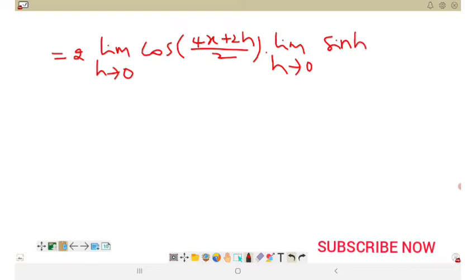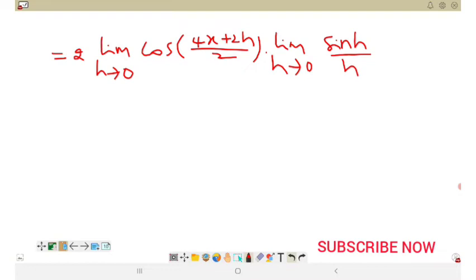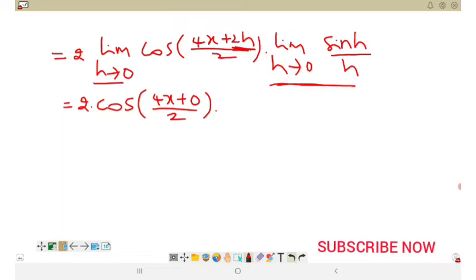Substitute h equal to 0: 2 into cos of (4x plus 2 into 0) by 2. Here limit h tends to 0 sin h by h is 1, since limit x tends to 0 sin x by x is equal to 1.